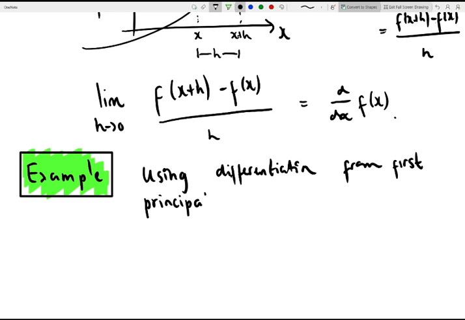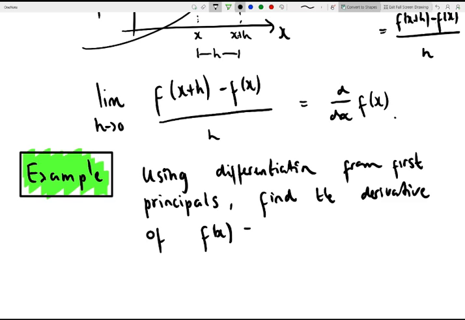Find the derivative of f of x when it equals x cubed plus 3x squared plus x plus 1.